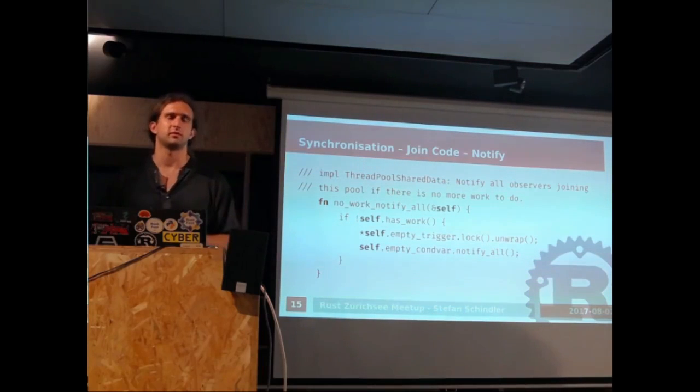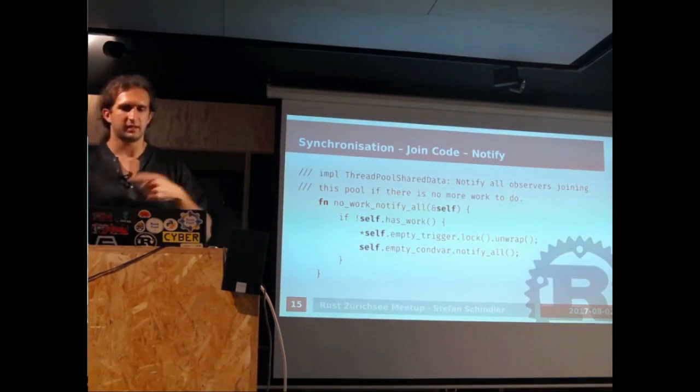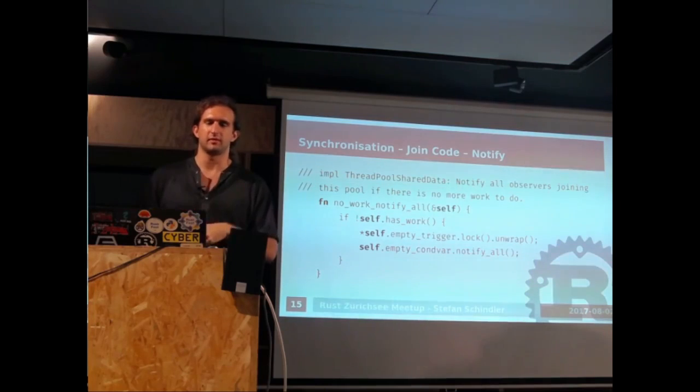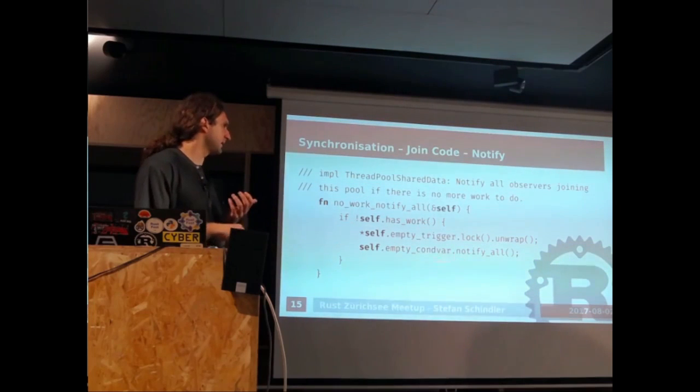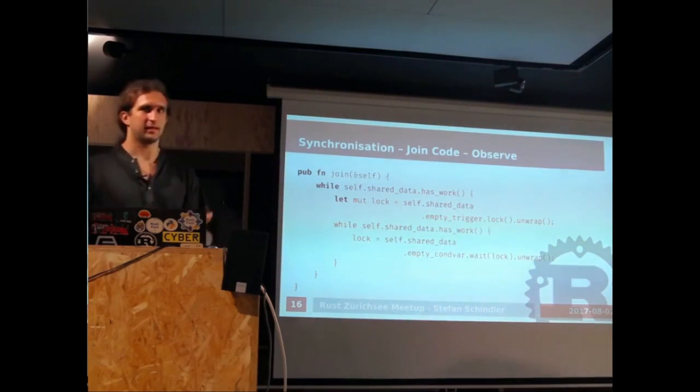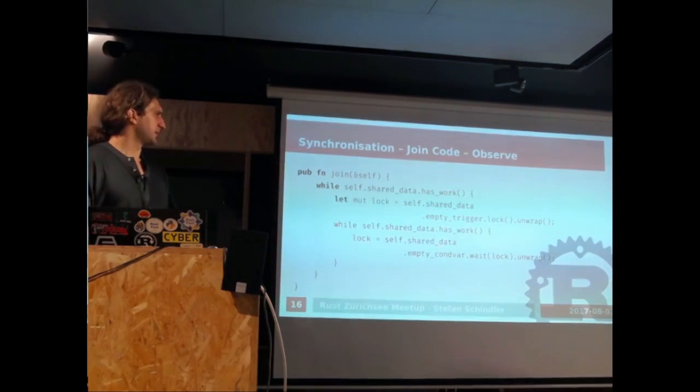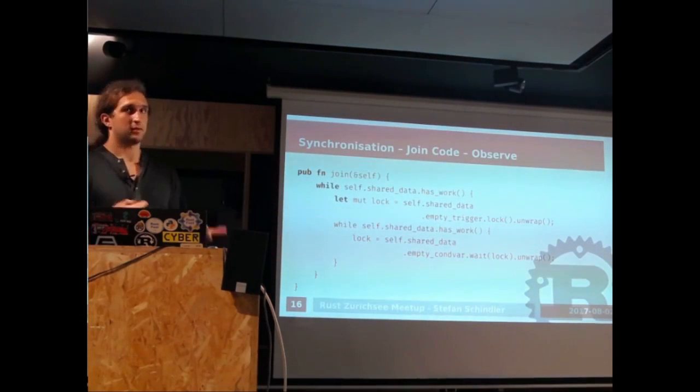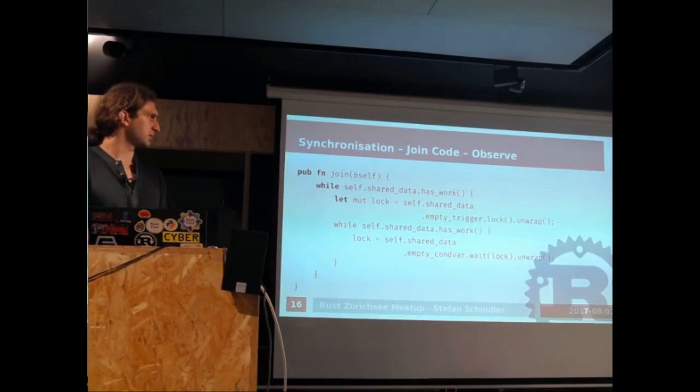So this happens. So it will set off all the joins at that point. Sure, but triggering the empty event and handling the condition variable will take time. Plus, these guys will have to acquire the lock again, because until they have the lock, this function will not return.